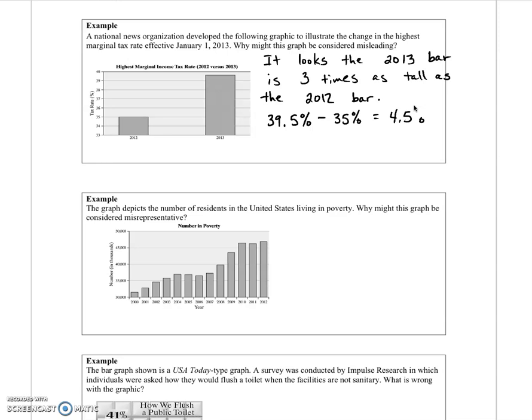So why does it look so misleading? Well, the problem is that the vertical scale does not start at 0.